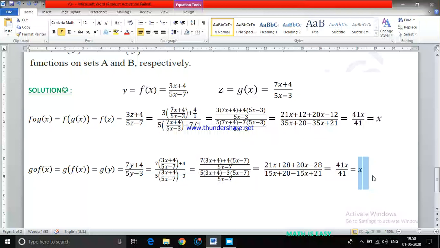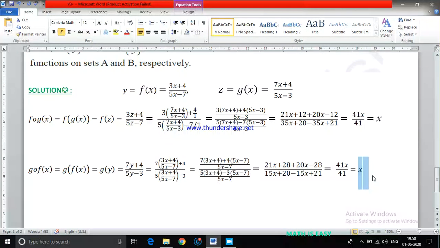So what exactly the inverse of a function suggests is that if f is a function from a to b, then is there any function g which exists from b to a? Is that possible to define? If it is defined, what should that g function be?